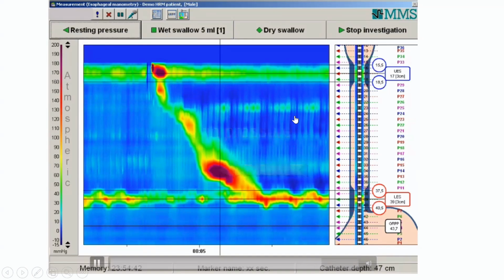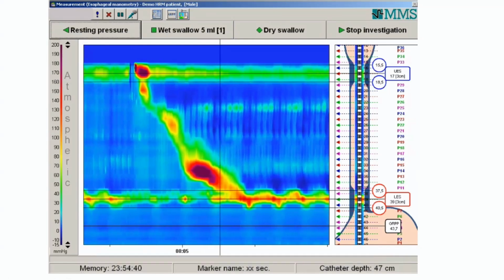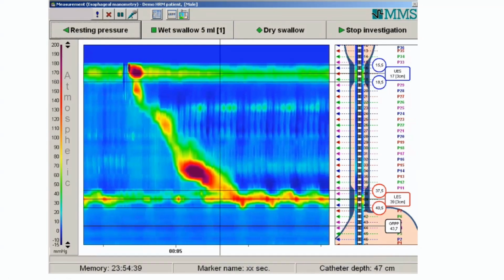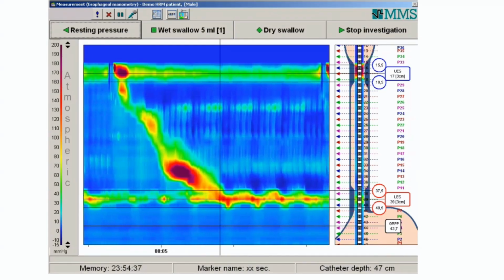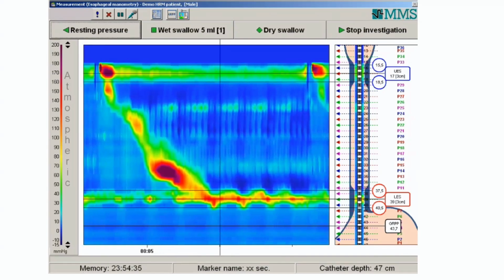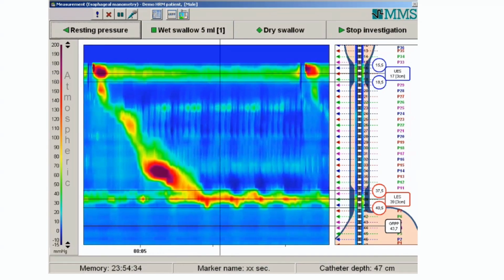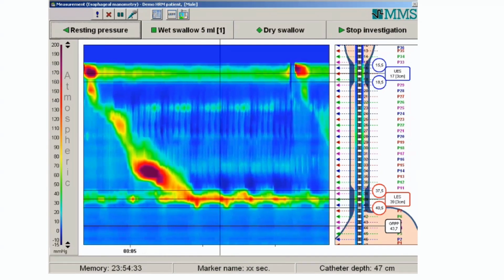So what we can say is, as we look at this picture, it's a lot of colors. We're looking at the peristaltic waves, trying to locate the upper esophageal sphincter, which is at the top there, and the LES, the lower esophageal sphincter, at the bottom, and the sequential peristaltic wave between them.